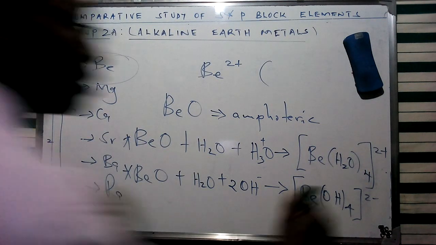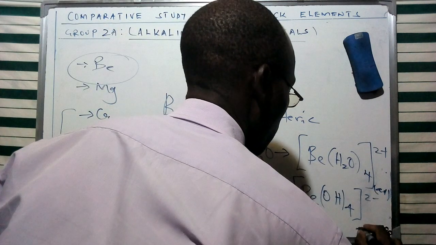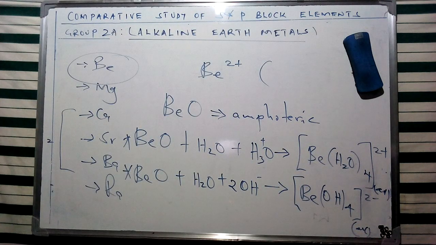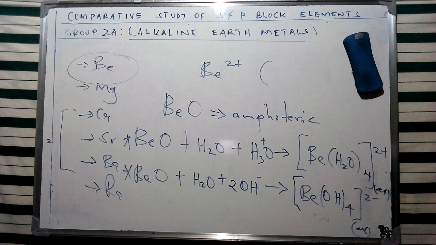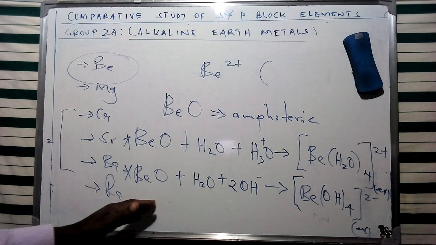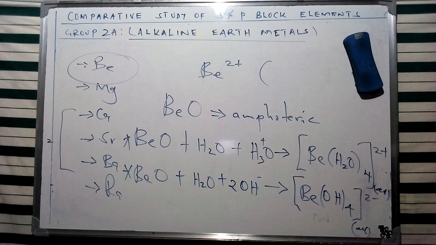So these are going to be aqueous products formed, or ions. Therefore, these 2 equations give us the concept of amphoterism, which is displayed by beryllium. And of course, as we can see from this, it is going to react with aqueous acids to give hydrogen gas and other ionic compounds, a property displayed by beryllium.